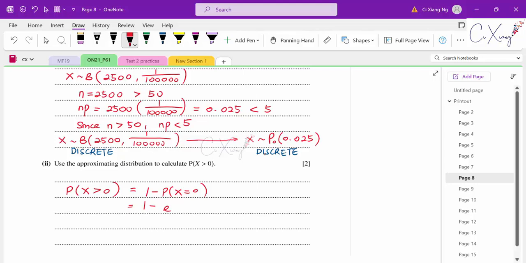What's the formula for X equals 0 in Poisson? e to the power negative lambda, and our lambda is 0.025, then lambda power 0 divided by 0 factorial. Okay, so from here, try to press the calculator a little bit, then you should be able to get the answer 0.0247, correct to 3 significant figures.